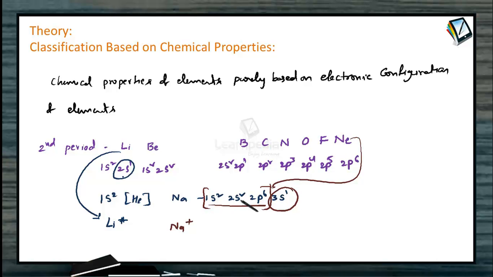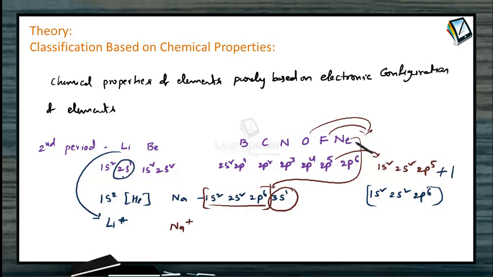In the same way, consider elements like fluorine and oxygen. The electronic configuration of fluorine is 1s2, 2s2, 2p5. That means if it takes one more electron, it gets the configuration 1s2, 2s2 and 2p6, which is again the nearest inert gas configuration, neon.